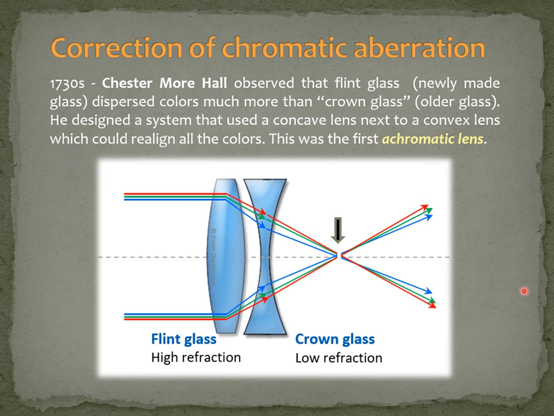So he tried it out to make different lenses, and he designed a system that uses a concave lens and a convex lens close to each other in a way that we can focus the incident rays on a single spot, on the focus point. So this is a way to correct chromatic aberration.